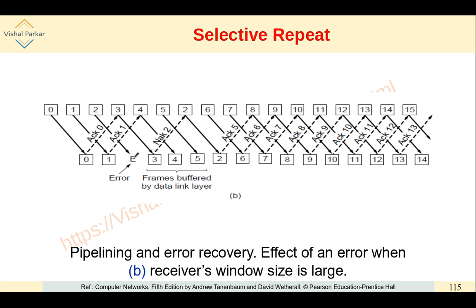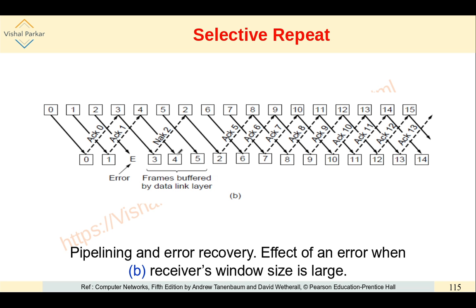As frame number 2 was not received, but there were buffers for the rest of the frames, for example frame numbers 3, 4, 5, etc., they were simply buffered there. When the next frame was received, a negative acknowledgement for the previous sequence number, that is frame number 2, was sent back.